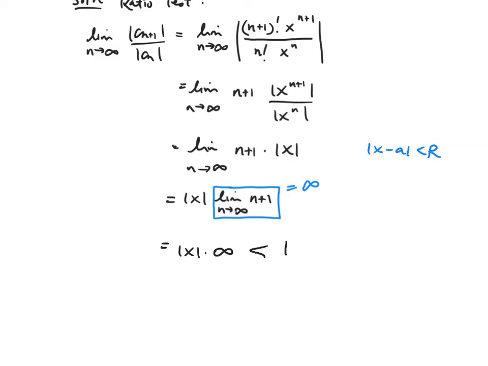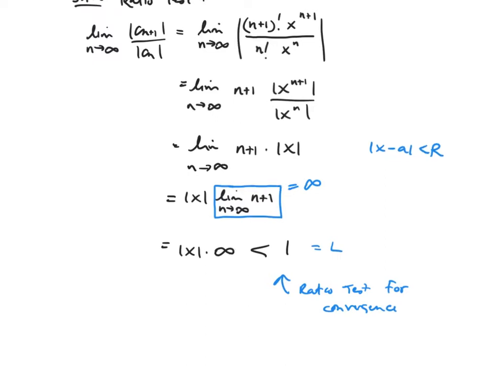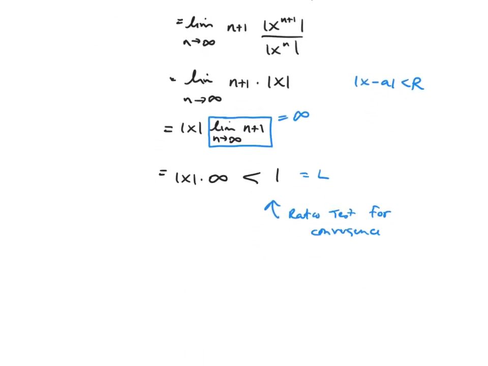Now this is the ratio test condition for convergence. This is like the L. And if you think about it, if you're multiplying any x value by infinity, you're not going to be less than 1 except for one specific value of x.